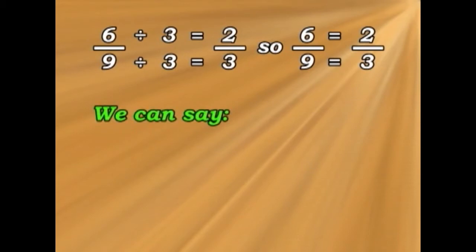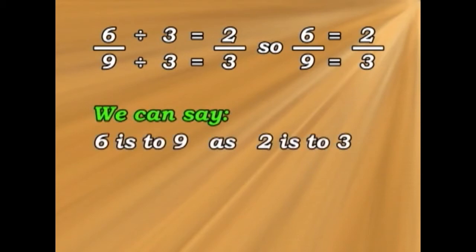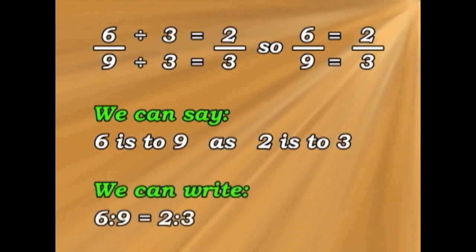So 6/9 is the same as 2/3. We can say 6:9 as 2:3. Or we can write 6:9 equals 2:3. Get it?